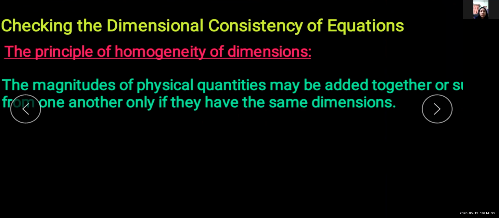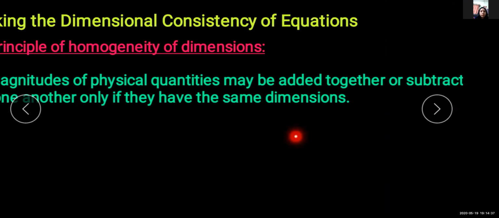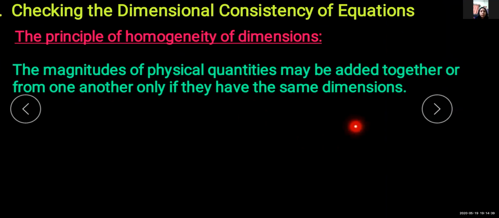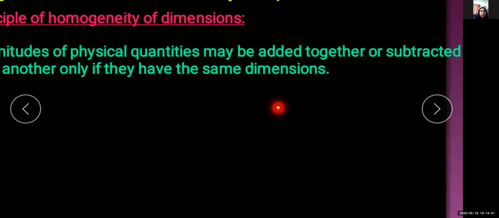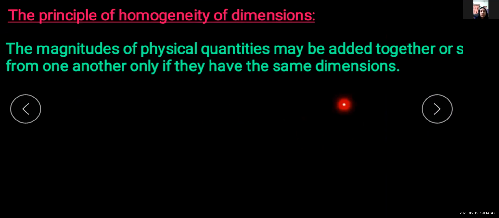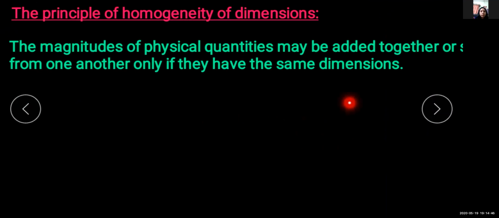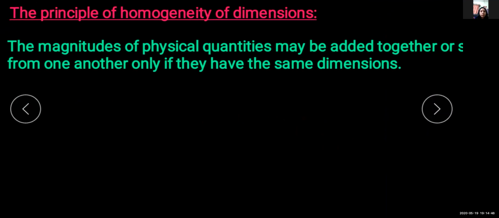The magnitude of physical quantity. What is the principle of homogeneity? Magnitudes of physical quantities may be added together or subtracted from one another only if they have the same dimensions. What does it mean? If two quantities have the same dimension, suppose the dimension of meter is L and the dimension of radius is L, so we can add.